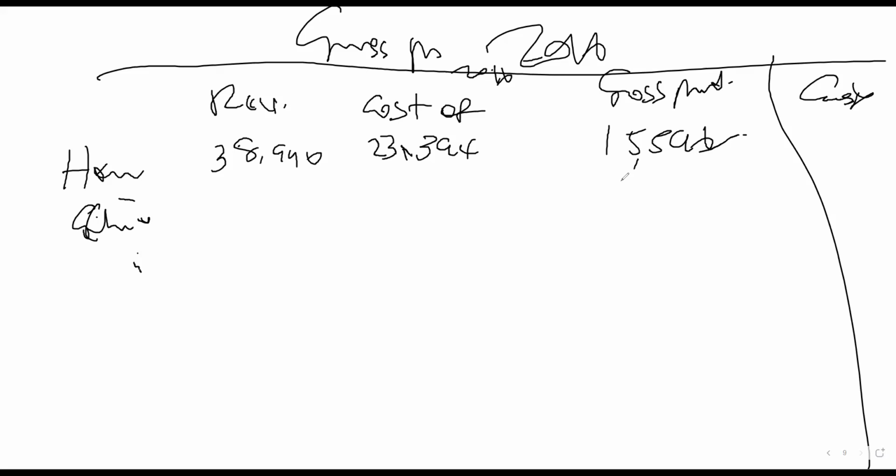So gross profit over your sales times 100. This is gross profit divided by what? The sales, right? Times 100. That's all. So when you repeat this, don't forget this is 2016. You do this for all the 4 products.